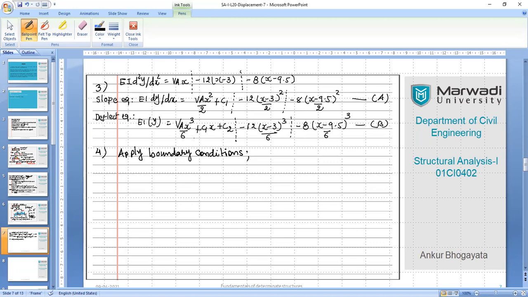Where y becomes 0, and accordingly x is 0 also: where x is equal to 0, y is also 0.